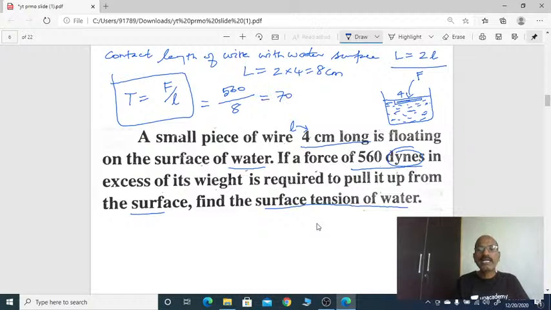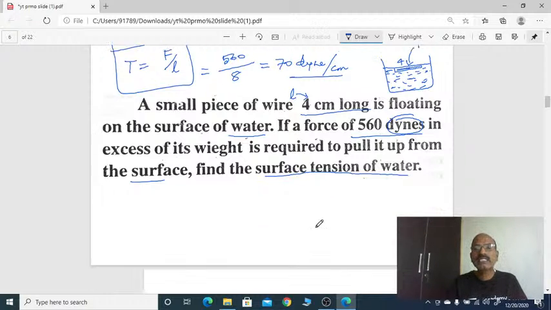That's it. You will get 70 dyne per centimeter. Right. 70 dyne per centimeter is the correct answer. So surface tension is force per unit length. Easily you can get it. Yes, let us go for the next sum.